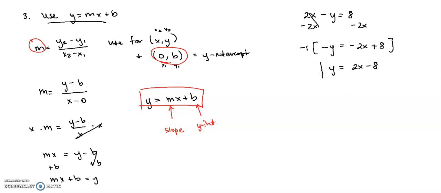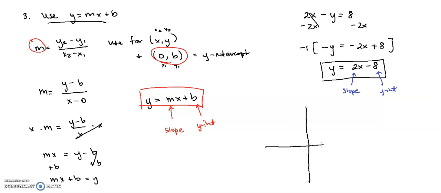Okay, so we rearranged the equation that we were given to be in slope-intercept form. So that means this number is the slope, and this number is the y-intercept. Make sure that you take the sign with it. So when we go to graph this, okay, the slope tells us where to go.